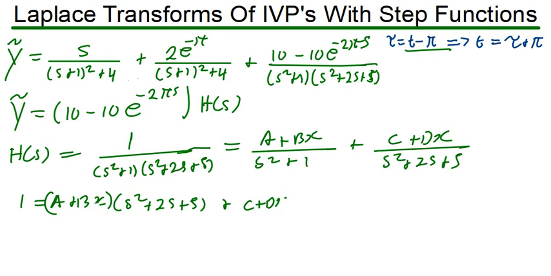Actually, even when I was solving my own work, I was making a similar mistake here. Instead of using x here, you observe that I'm supposed to use s. So that's supposed to be s and s right there. So this is s squared plus 2s plus 5.